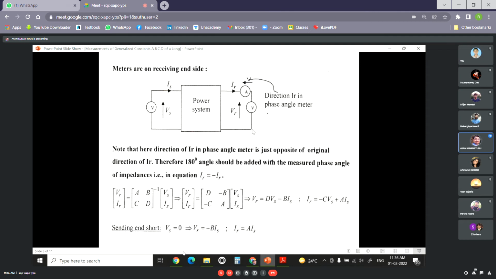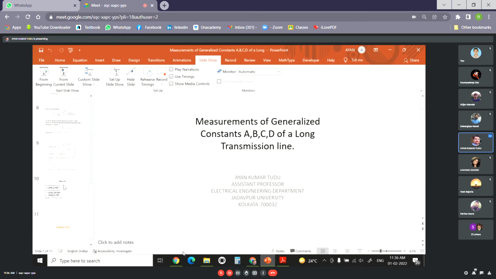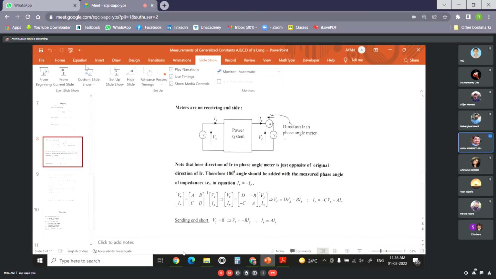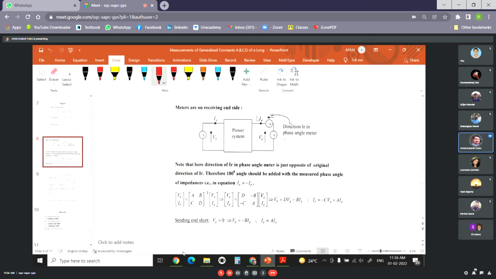So the phase angle meter should have measured that the current flow is in this direction, but it is measuring the current flow in the previous direction only, the direction shown.